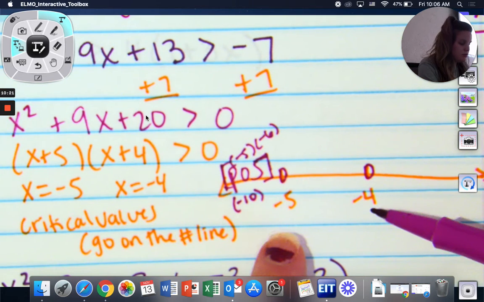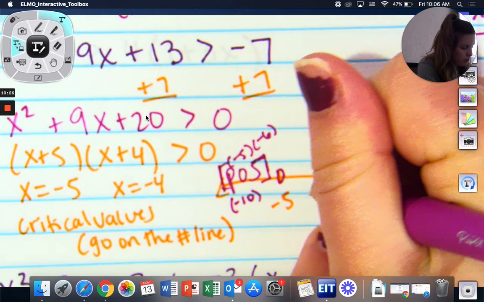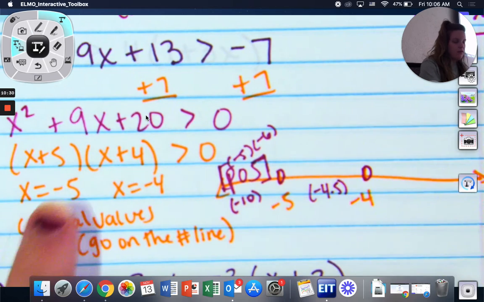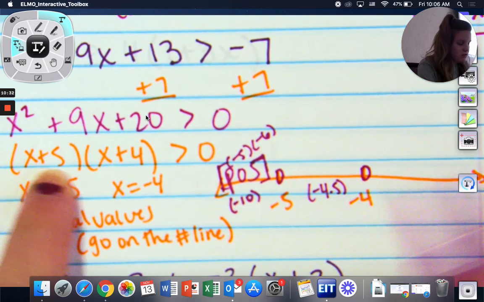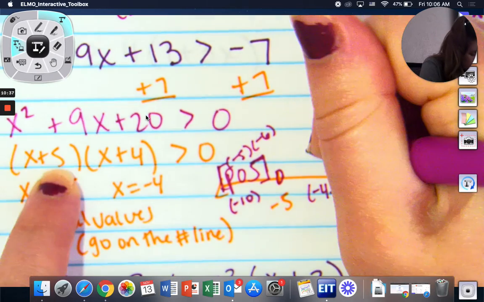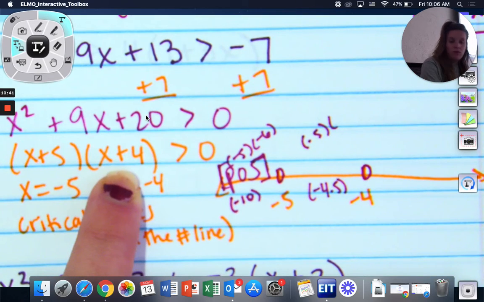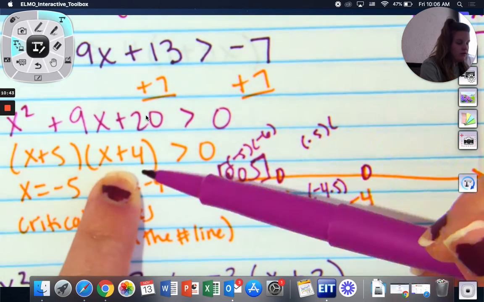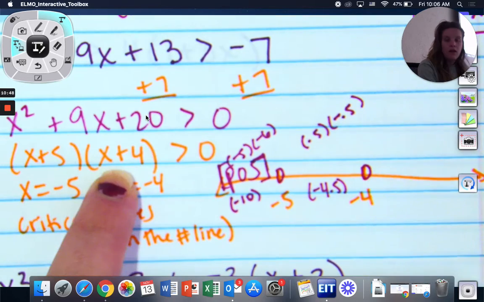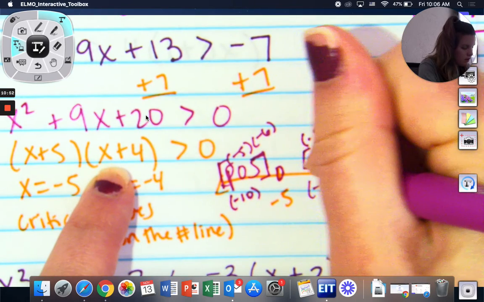Then I need a number between negative 5 and negative 4. How fun. We could do negative 4.5. If I plug negative 4.5 into this factored form, negative 4.5 plus 5 is 0.5, and negative 4.5 plus 4 is negative 0.5. Here we have a positive times a negative, which is a negative.